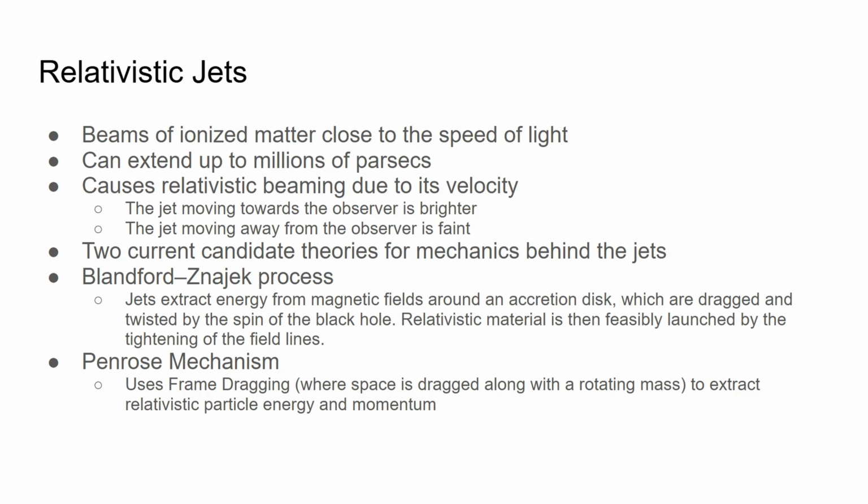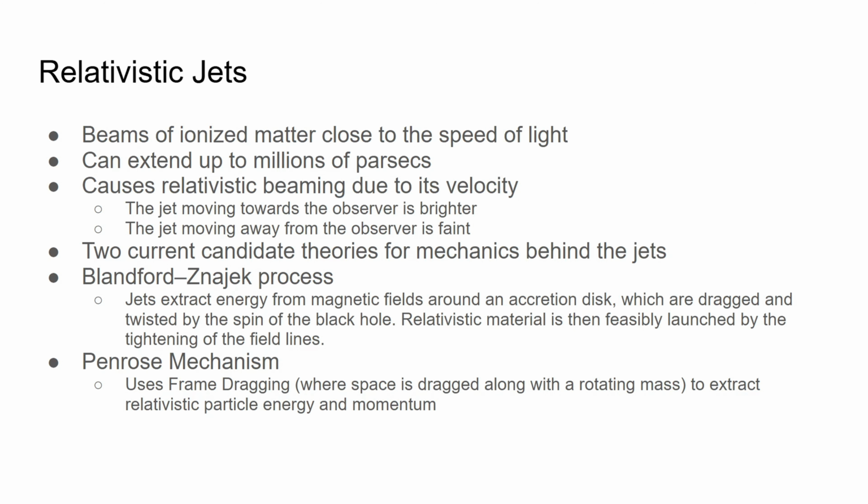And there are two current candidate theories for how these relativistic jets work. First, you have the Blandford-Znajek process, which is where the jets extract energy from the magnetic field around the accretion disk, and then it drags and twists that matter by the spin of the black hole, which launches the relativistic material up into space due to the strong magnetic field lines.